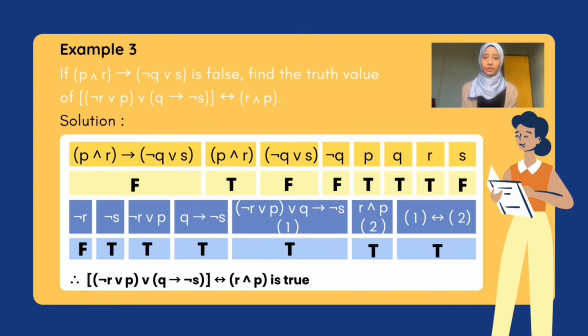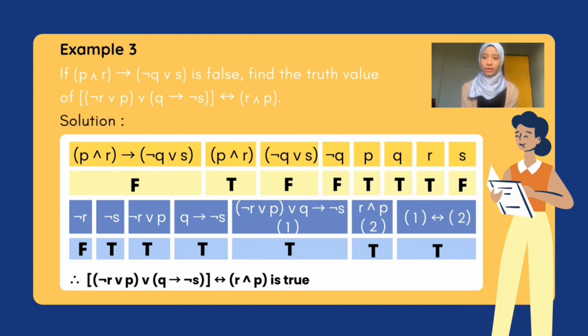After that, we will find the solution for the question, which is not R or P, or Q implies not S, if and only if R and P. Not R is false, not S is true, not R or P is true. Q implies not S is true. And then we know that not R or P, or Q implies not S is true. Then we will find R and P, which is true.